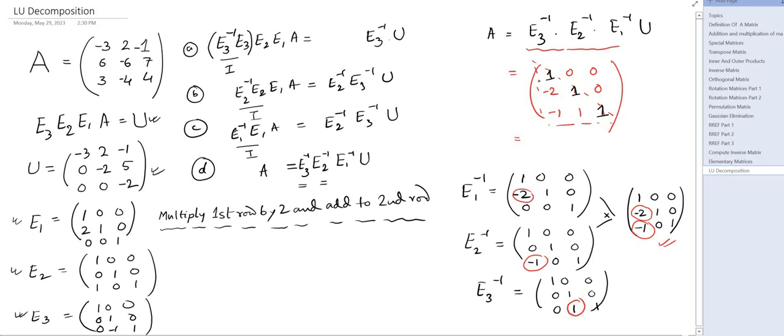So I'm trying to say that this is forming a lower triangular form. That means A can be represented as a lower triangular matrix times an upper triangular matrix, and this is called the LU decomposition of a matrix. This is very important, and as we go into further classes you'll understand how important this concept is.